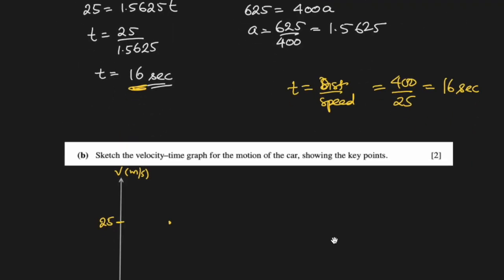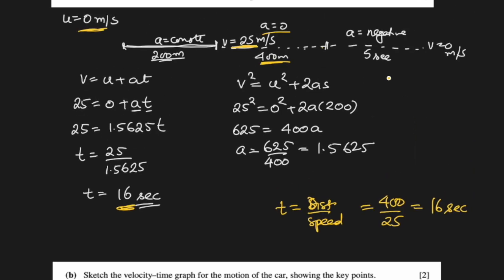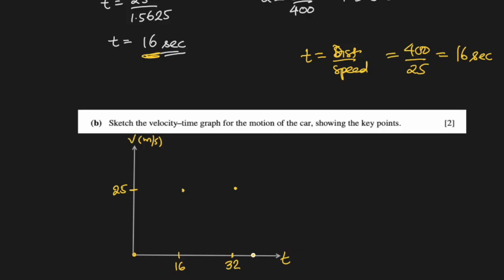So we have to maintain this distance till here, which is exactly the same time, 16 seconds. So it becomes 32 seconds now, 16 plus 16 more. And finally they said in 5 seconds it comes to rest. So we will just add 5 seconds to it, say here 37, it comes to rest, and now I will join this.